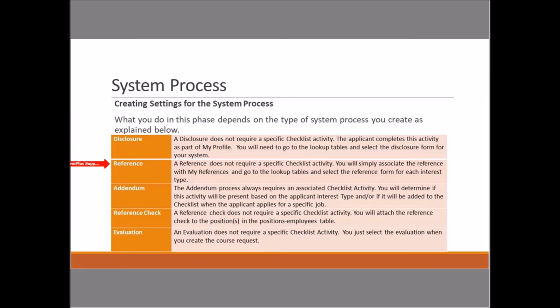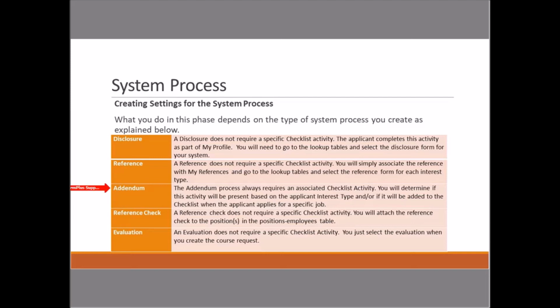With a reference, it doesn't require a specific checklist activity because it's under the My References checklist item, but you would need to go into your lookup tables and select the reference form for the interest type. If I made a new reference form, I'd have to go into my defaults, find the interest type I want to use it with, and attach it. I'll show you what that looks like as well in just a second.